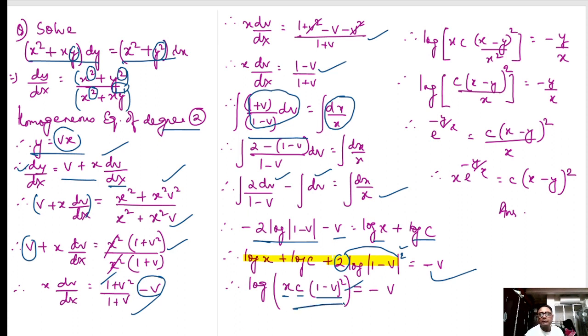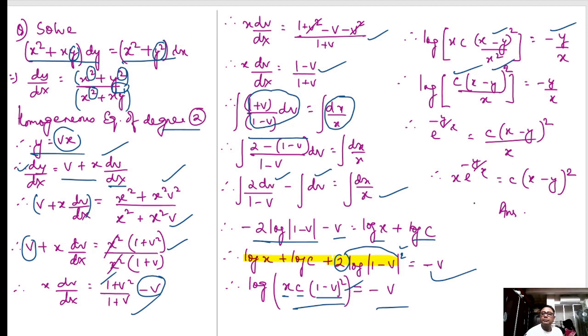So here we have done till here, and now we have to replace the value of v, which is y by x. So inside the bracket it becomes this. Just simplify and cutting 1 x, it becomes this.